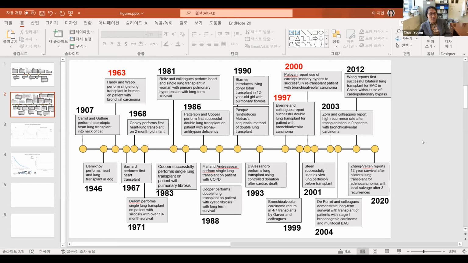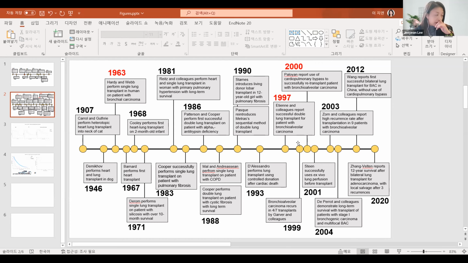Before 2012, is it fair to say all double lung transplants happened with cardiopulmonary bypass? That's interesting. Do you think so? Yes, they used cardiopulmonary bypass.